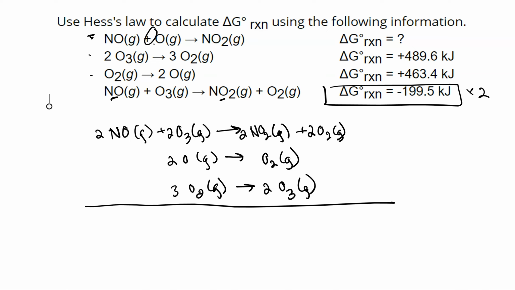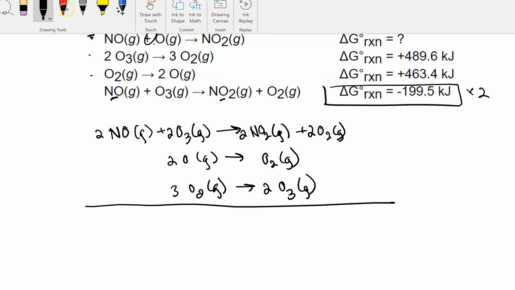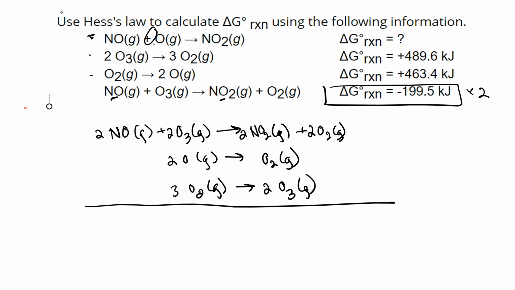Well, now we have 2 O3. Let me grab a red pen. The 2 O3s cancel each other. Nice. And then we have 1, 2, 3 O2s, and we have 1, 2, 3 O2s. Those cancel. And what we're left with is 2NO, 2O, 2NO2.